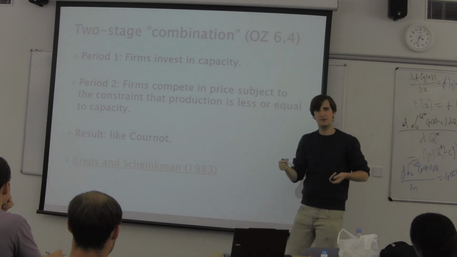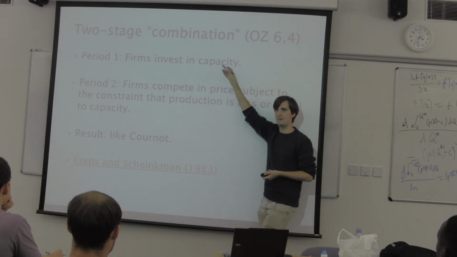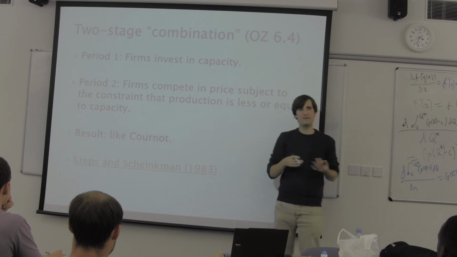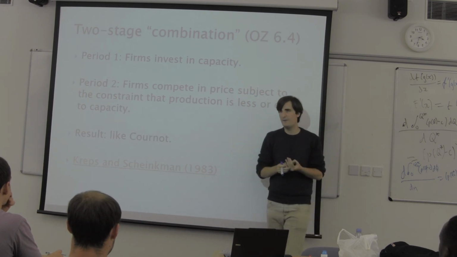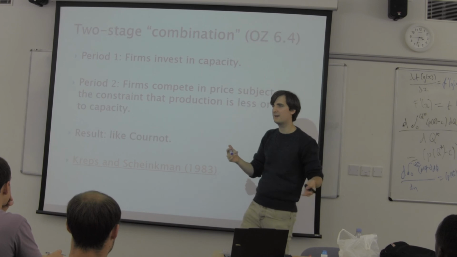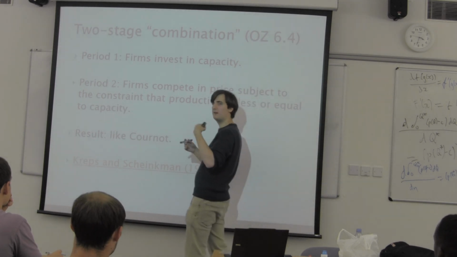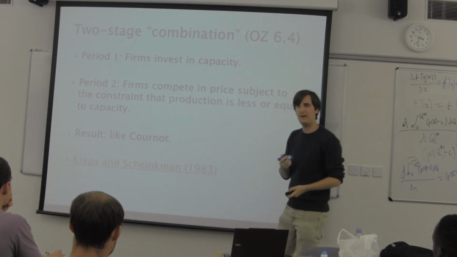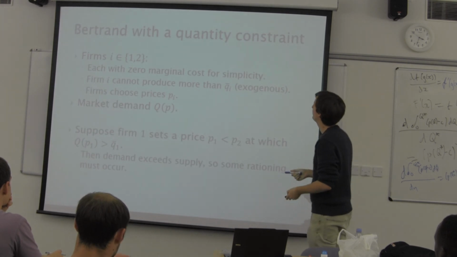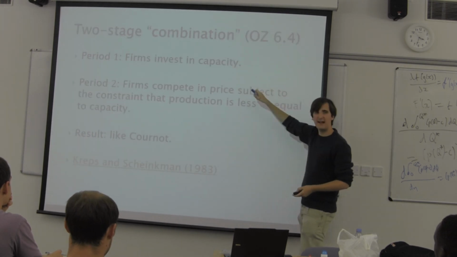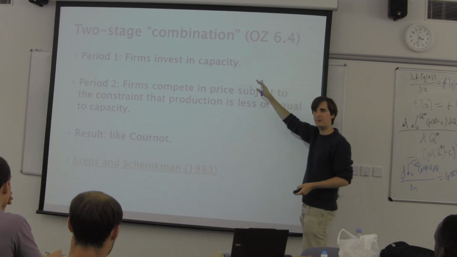So you can't produce more than you invested to produce. If you like, the capacity investment is building factories. The factory can only produce so many million cars. You can't sell more cars than your factory can produce. Okay, so like any game, we're going to start in the last period and work backwards.